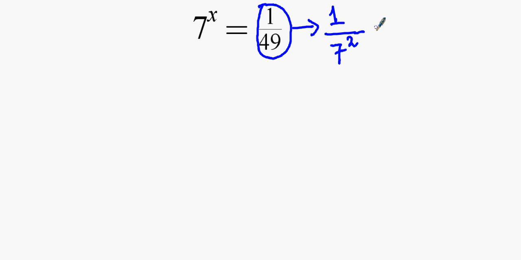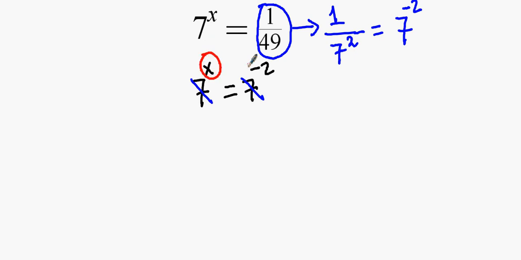And from your rules of exponents, if we have 1 over something, that's the same as 7 to the negative 2nd power. So I rewrite my equation as 7 to the power of x equals 7 to the negative 2. Now I can ignore my base because it's the same. And the only thing that's left is to compare exponents. So our x equals negative 2.